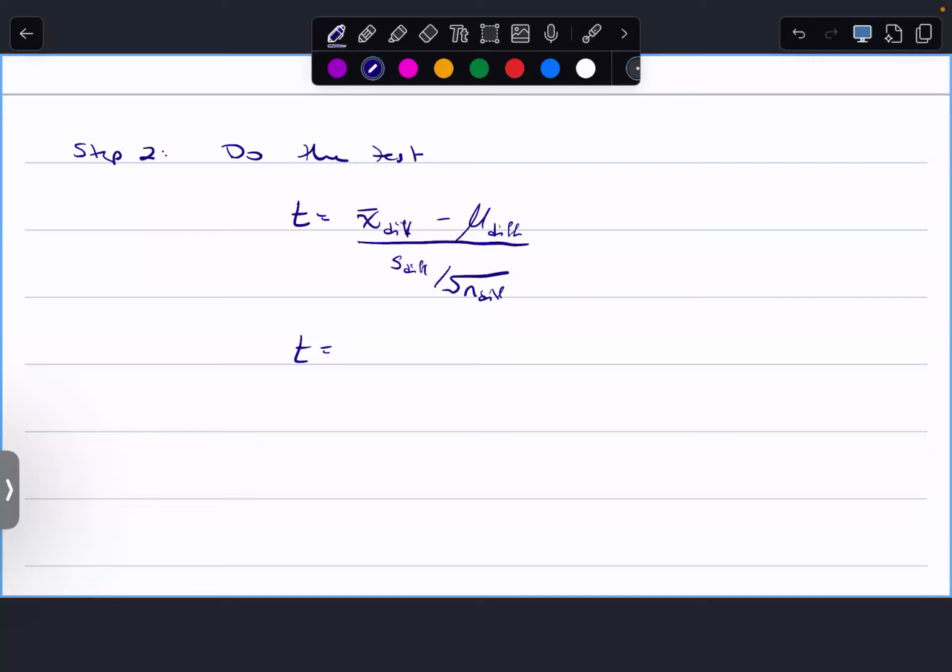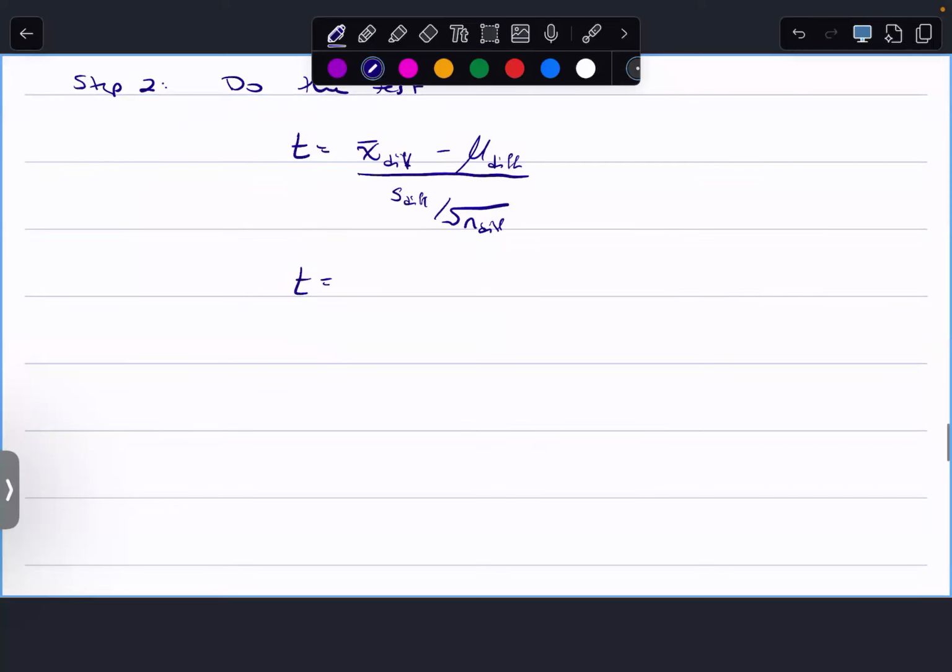Because at 2, I would start rejecting H naught. So it's always good to have an idea of what a reasonable answer would be before you do it. Negative 0.50 minus 0. How far is negative 0.50 from 0? Taking into account the spread of 7.51 over the root of 32. The standard error.